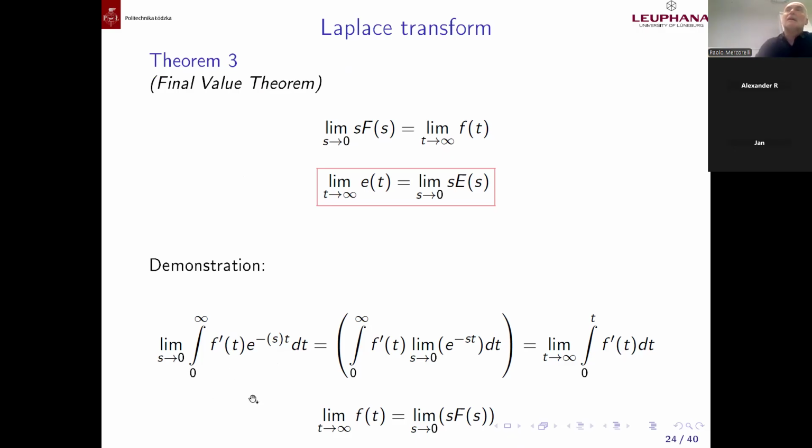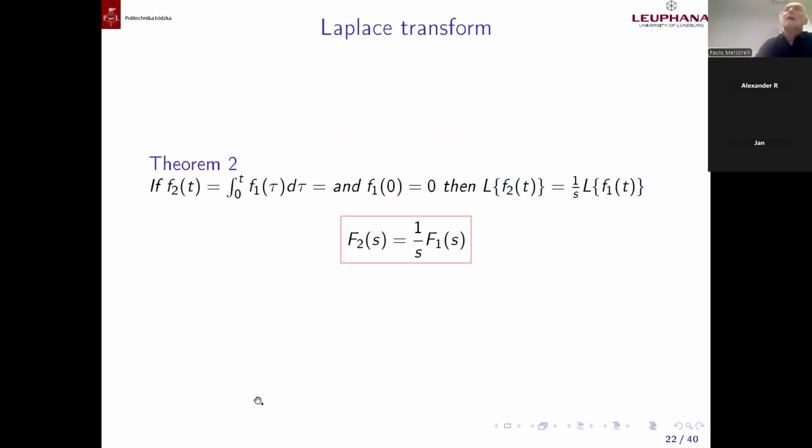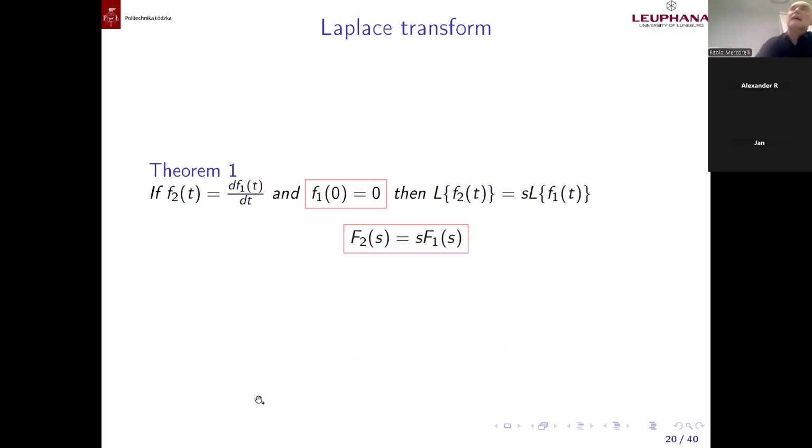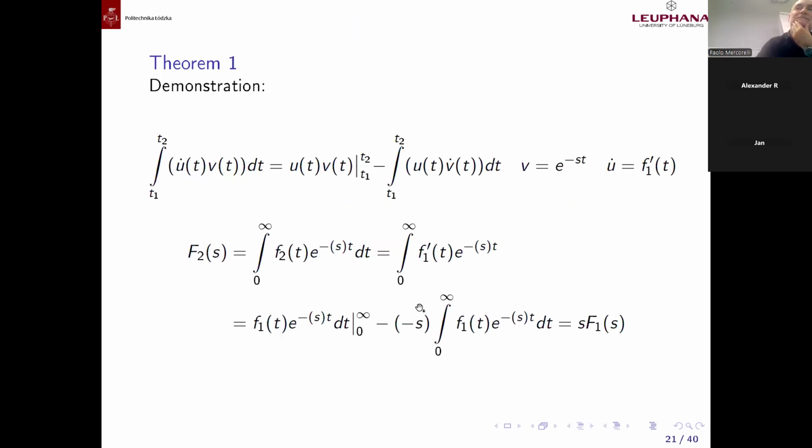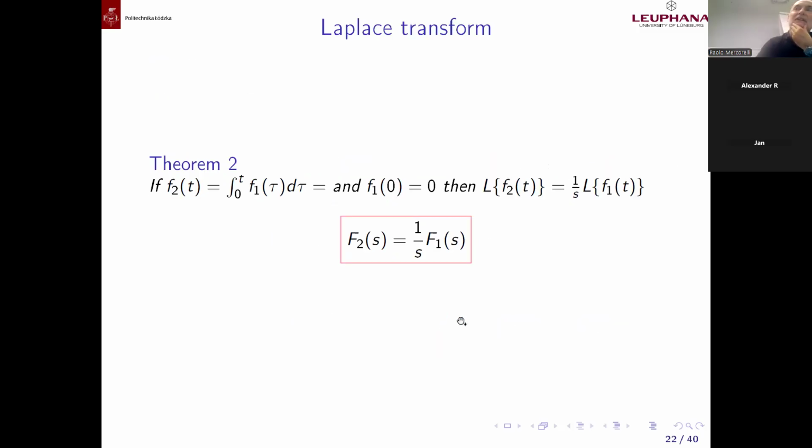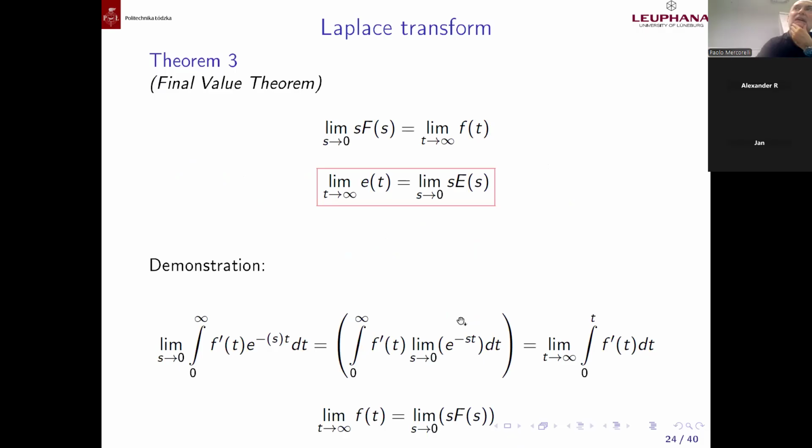This function. We can see from here, no? F derivative at time 0 equals 0. This is the f derivative in our case. That is in fact, we can see here.